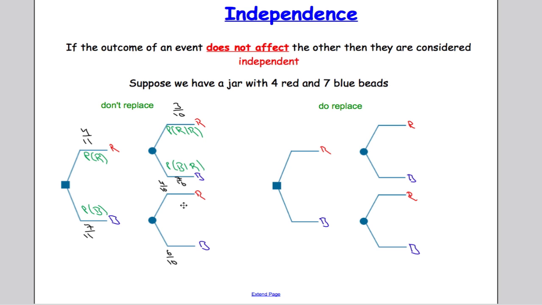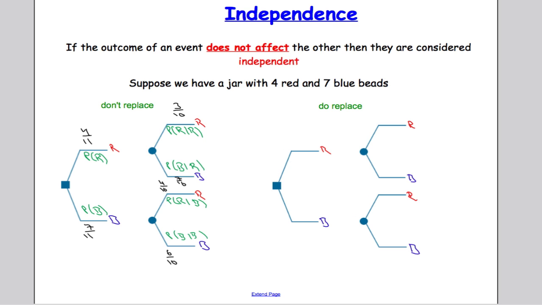Over here, this is the probability that it's red given that I chose a blue bead first, and this is the probability that it's blue given that I chose a blue bead first.